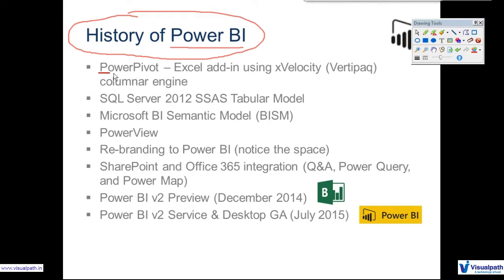Excel Power Pivot, the Excel add-in, SQL Server 2012 SSAS tabular model, the Microsoft BI semantic model, Power View, SharePoint and Office 365 integration, Q&A, Power Query and Power Map. These are the history. We added these features, and then we launched Power BI version 2 in 2014, and the service and desktop in July 2015.